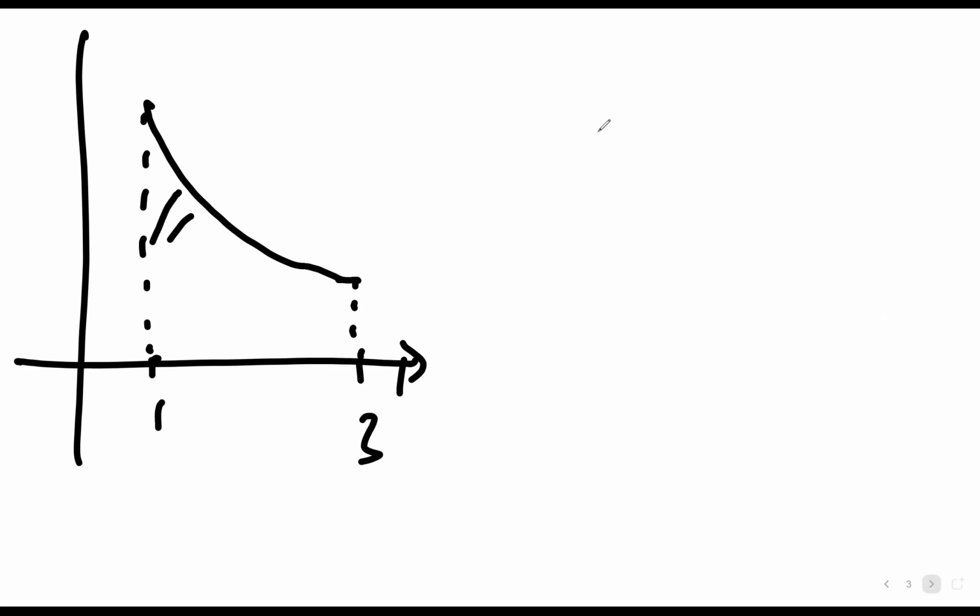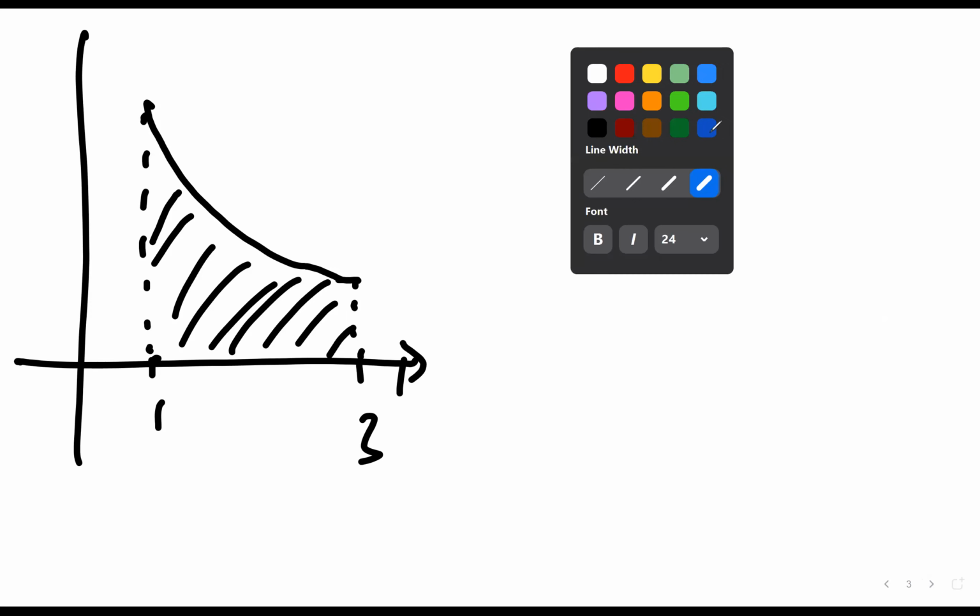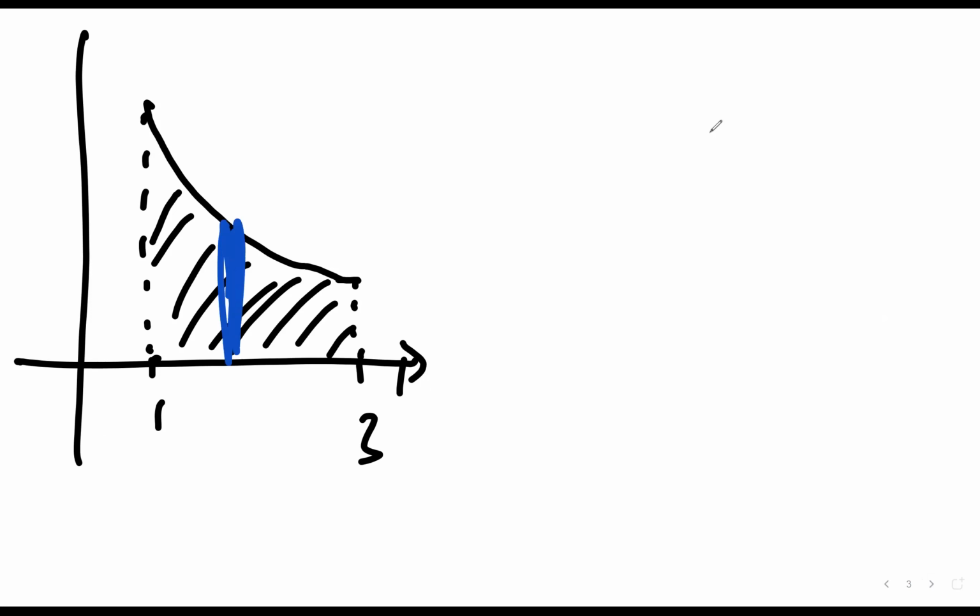Okay, so let us consider this region, and then the same as before, just take the slice. Its thickness is delta x. If the distance is x, of course the height will be 1 over square root of x.